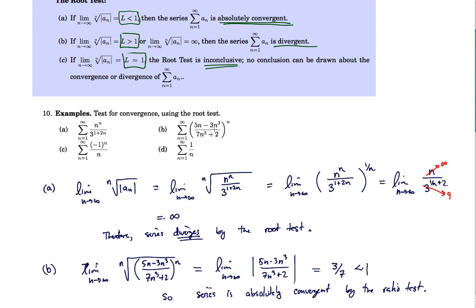There's a negative sign in here, so it's possible some of these terms are going to be negative as we sum the series. Well, what we've tested here by taking the absolute value is we didn't care whether the terms were negative or positive. We took the limit of the absolute value of those things under the nth root, and we found that the limiting value was less than 1.